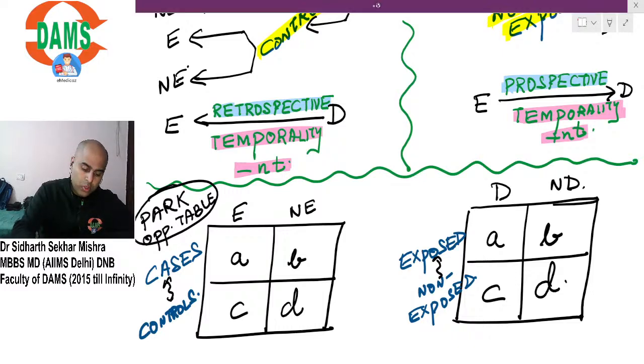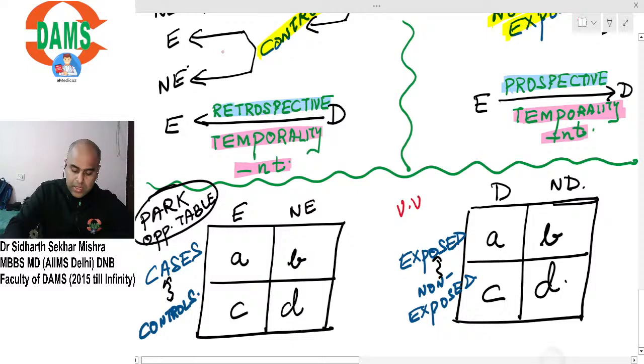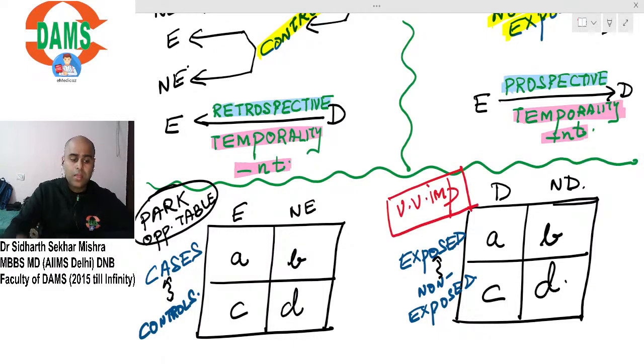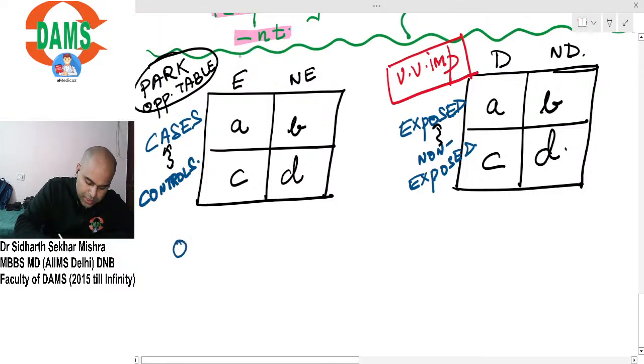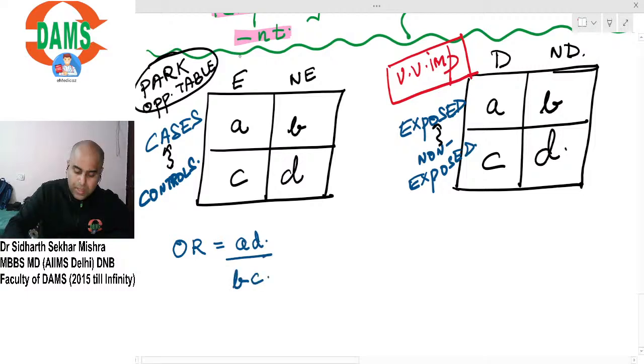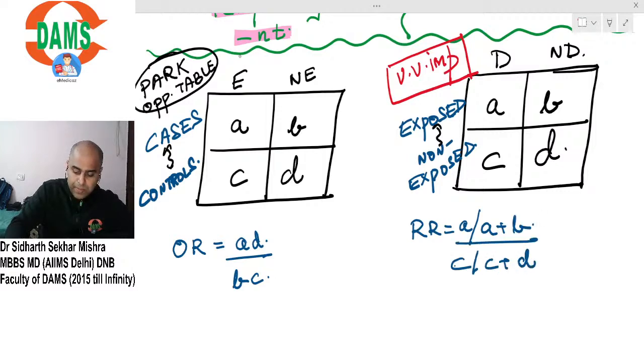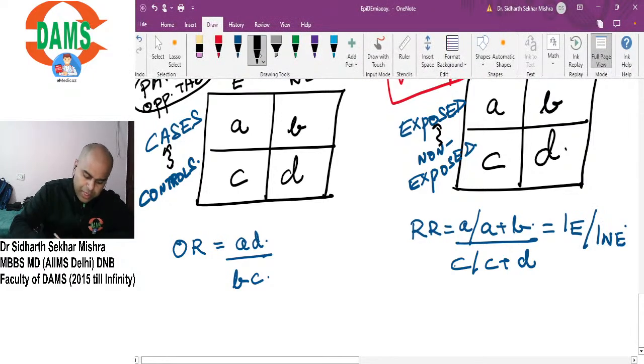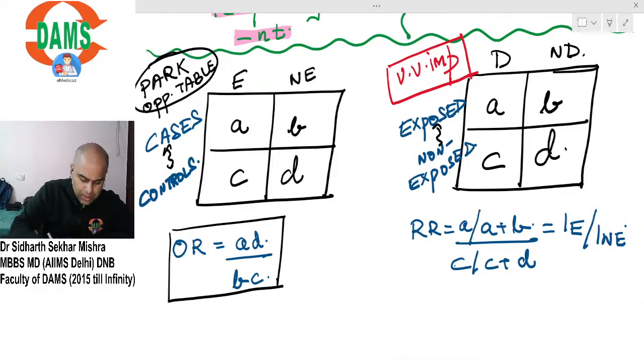Now, the 2 by 2 table of cohort is very, very important. Odds ratio is AD by BC. Relative risk is A divided by A plus B, C divided by C plus D, incidence in exposed by incidence in non-exposed. Now, how did we get these formulas?